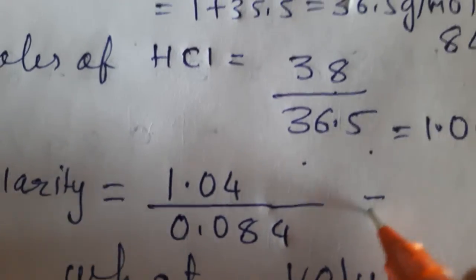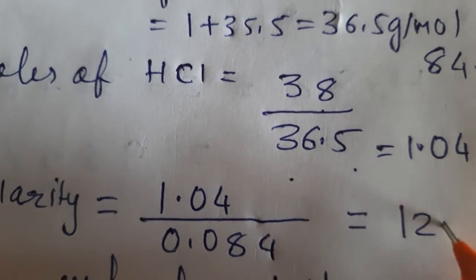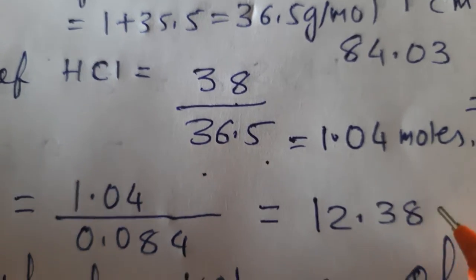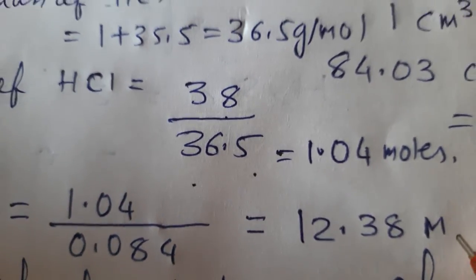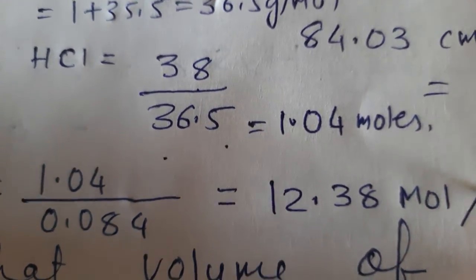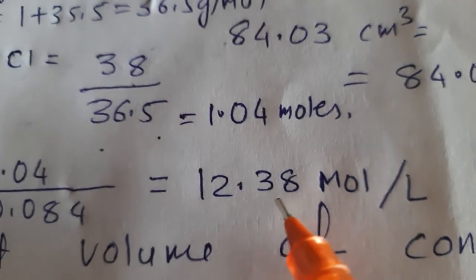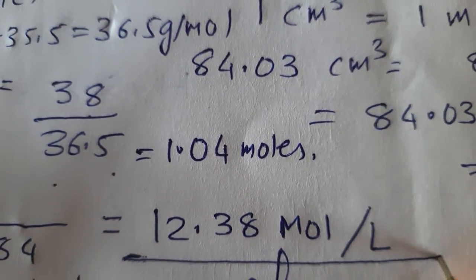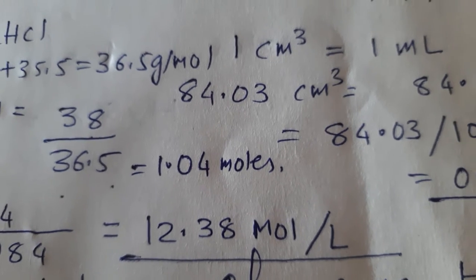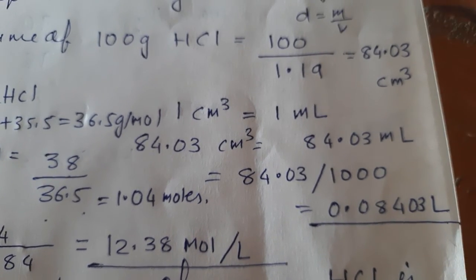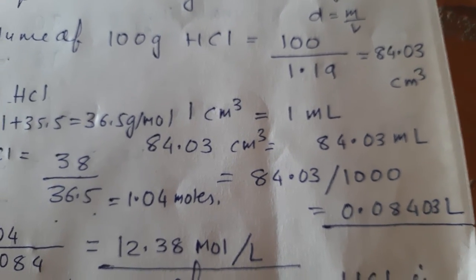You divide this and you will get the figure 12.38 moles per liter. This will be the answer. This is the molarity, mole per liter. Correct? The next part of the revision we will continue in the next class.